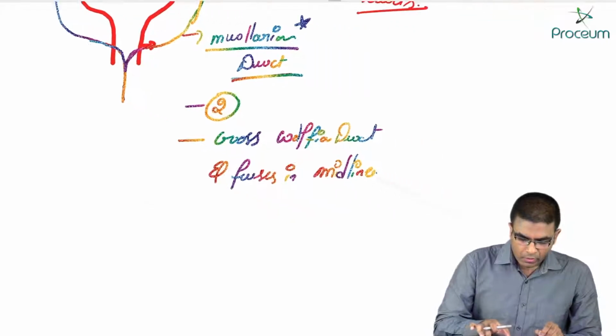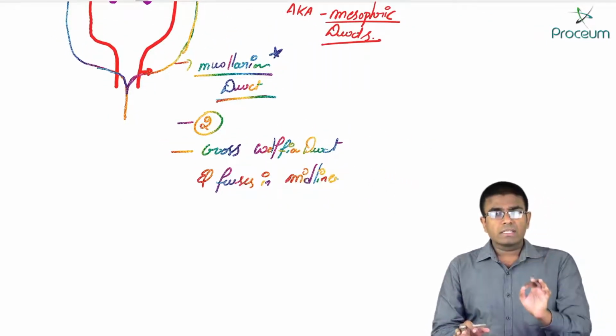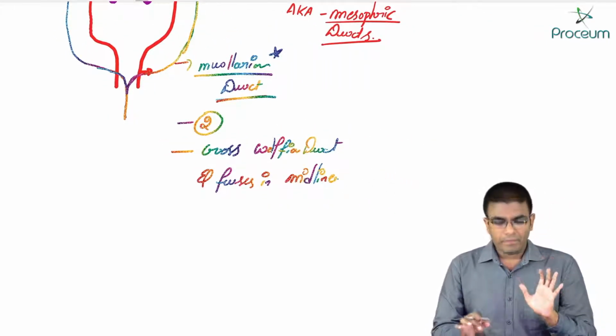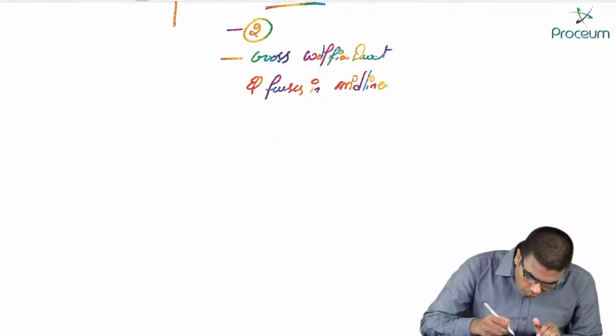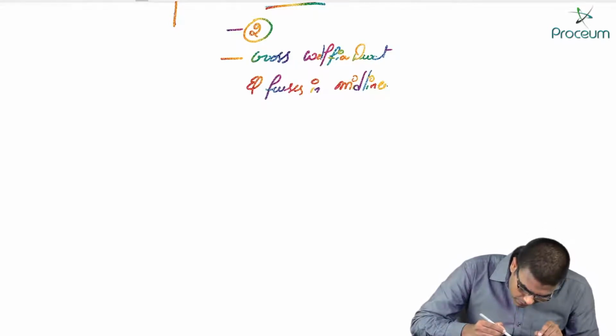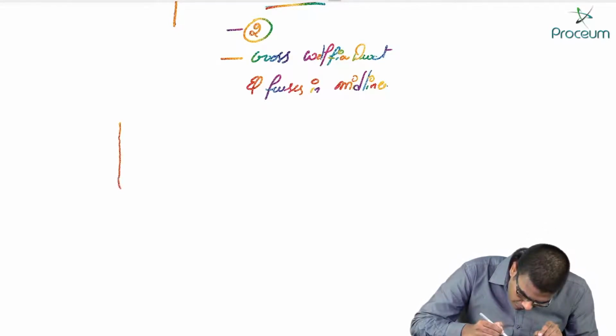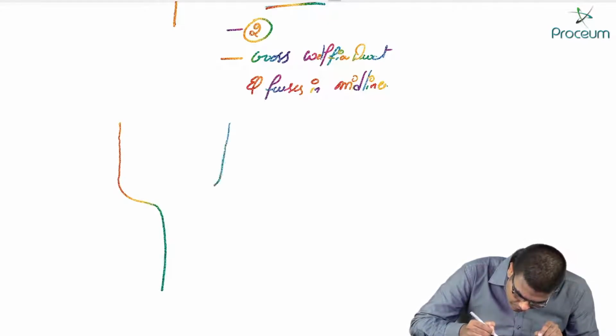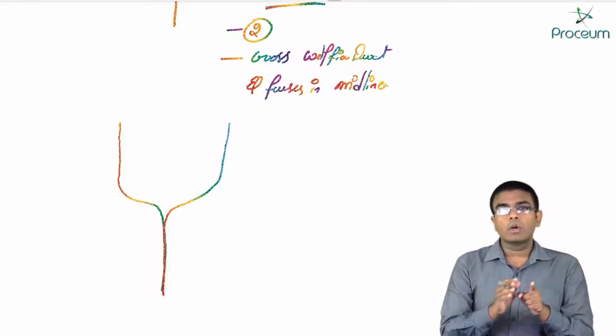Now please concentrate, this is a very important area. Let me show you only the paramesonephric ducts or Mullerian ducts. This is one paramesonephric duct, and this is the other paramesonephric duct. They both fuse caudally.